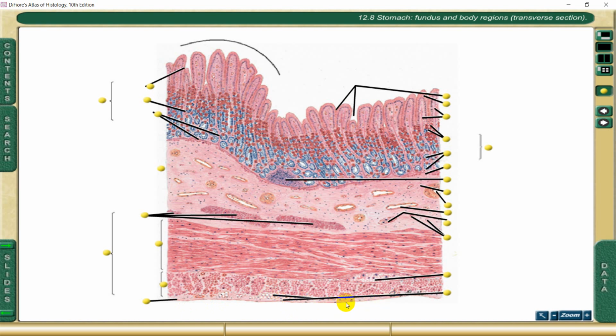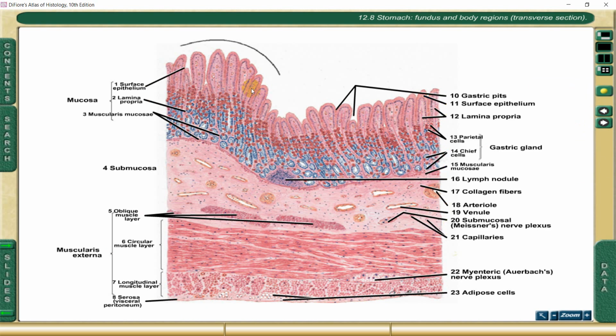Serosa, which is connective tissue with simple squamous epithelia. This formation from the serosa. Surface lining epithelia, lamina propria, muscularis mucosa.